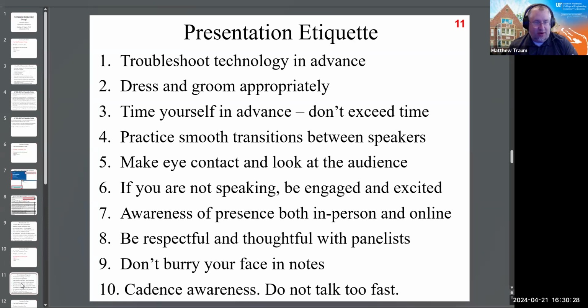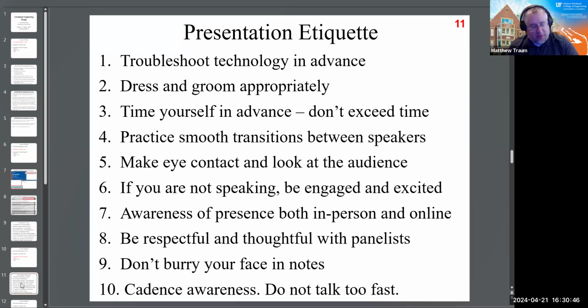Because if you demonstrate that you are excited about what your teammates are saying, the panelists will be too. So even if you're not speaking, this is a great opportunity to help your teammates along by demonstrating interest in what they are saying as they present.